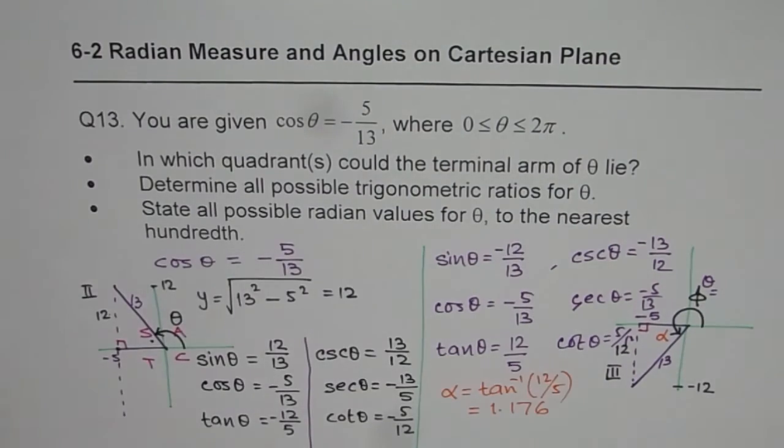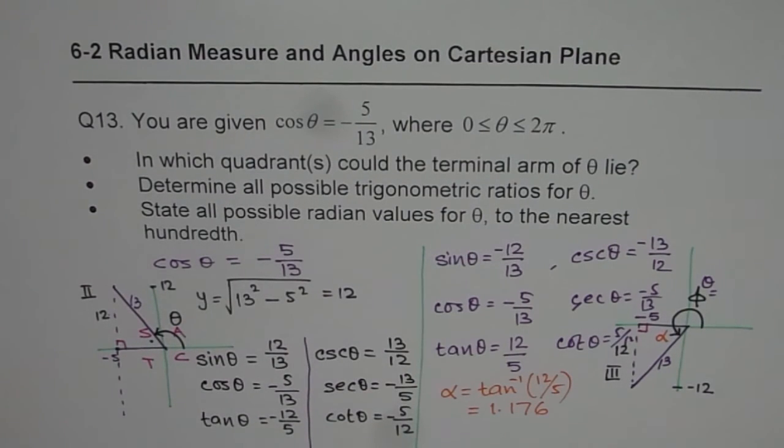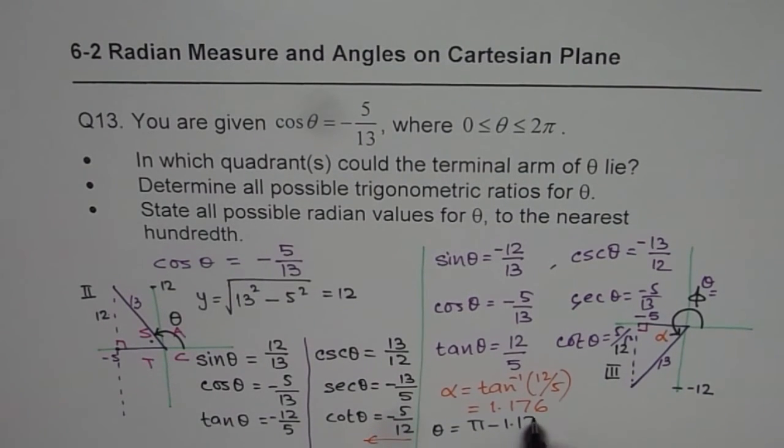Principal angle will be how much? In the first case, the principal angle will be 180 degrees minus the acute angle, or pi minus the acute angle, right? So for this case, theta equals pi minus 1.176.